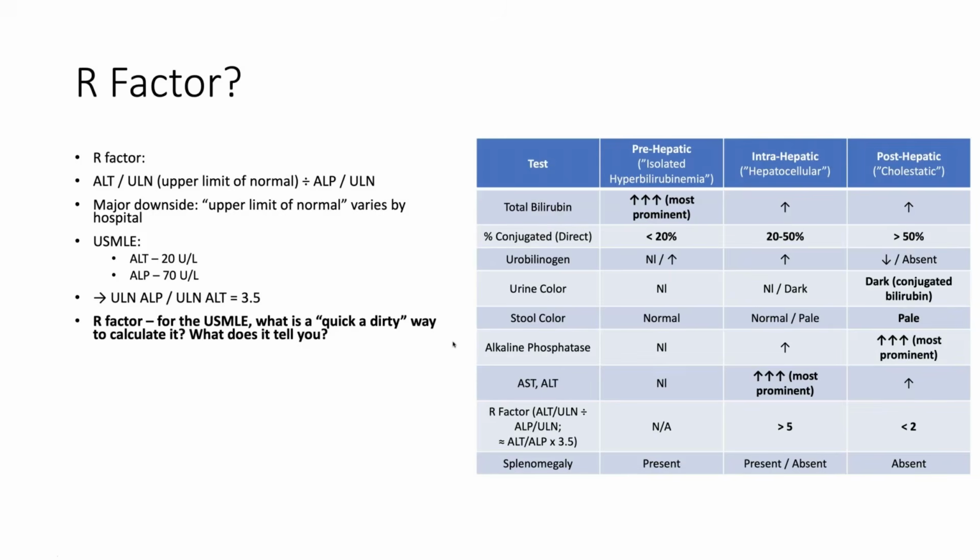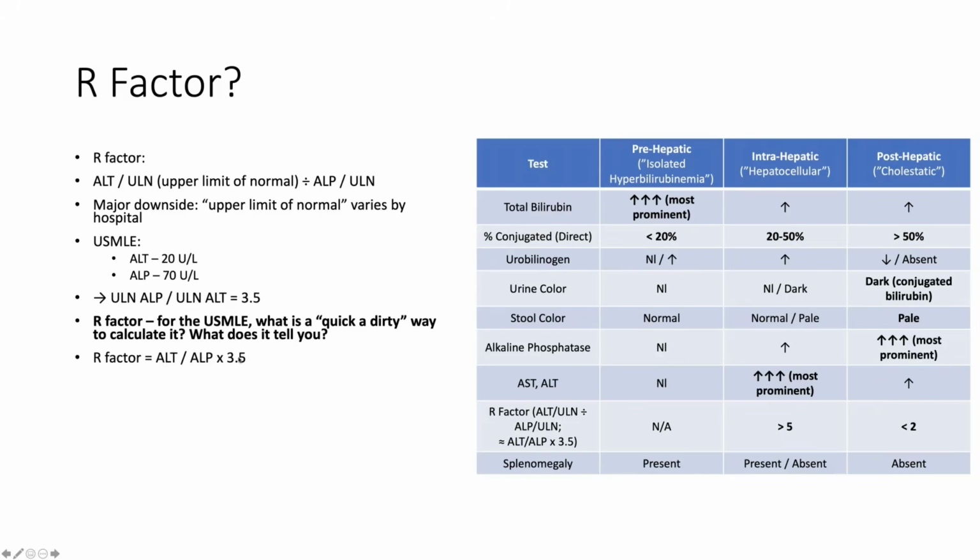Sujith, what would be a quick and dirty way to calculate the R factor? So ALT over the upper limit of normal divided by ALK-Phos over the upper limit of normal. What would be a quick and dirty way to calculate it, and what does it tell you? ALT by ALP. So R factor is ALT divided by ALP times 3.5.